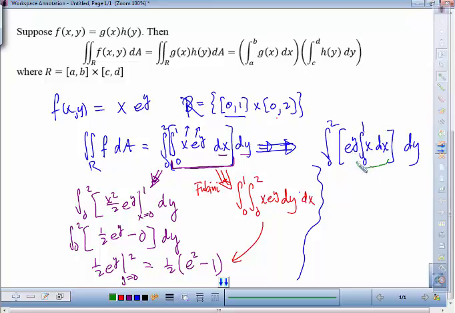Now the something I just underlined is a constant with respect to y. So imagine taking this constant with respect to y and moving it outside of the bigger integral.